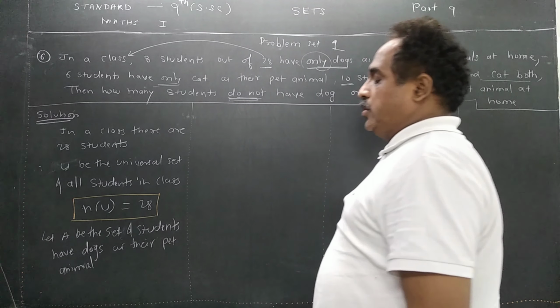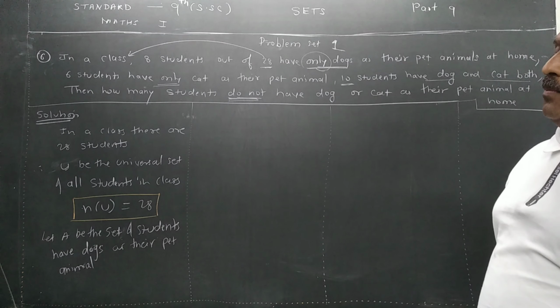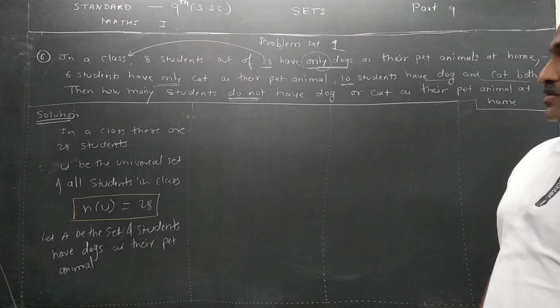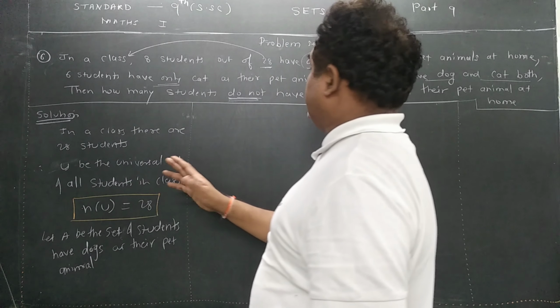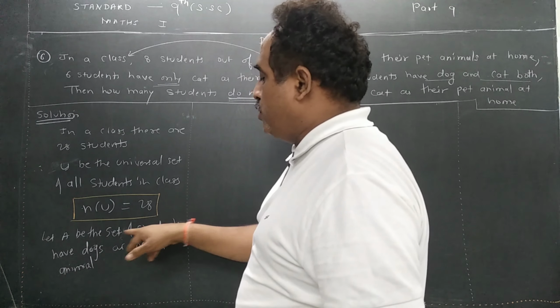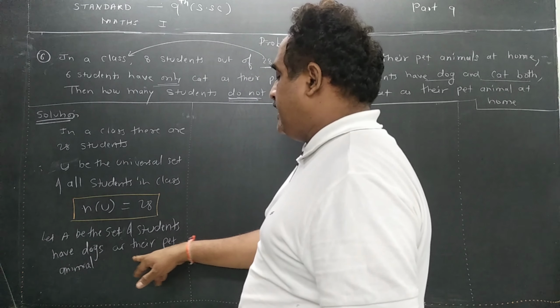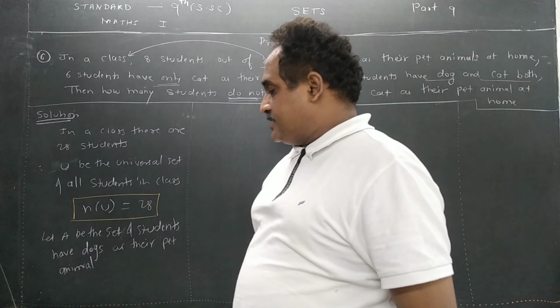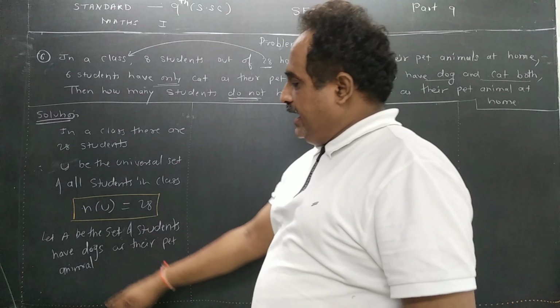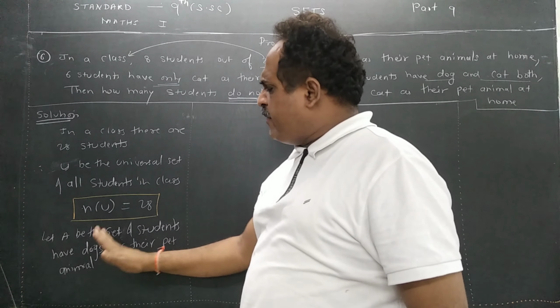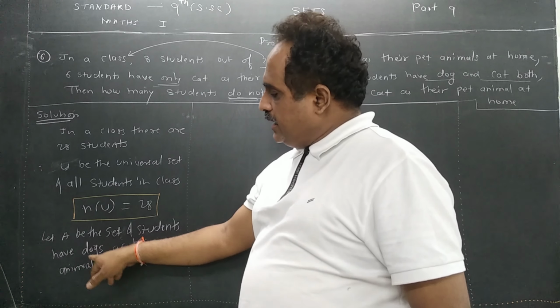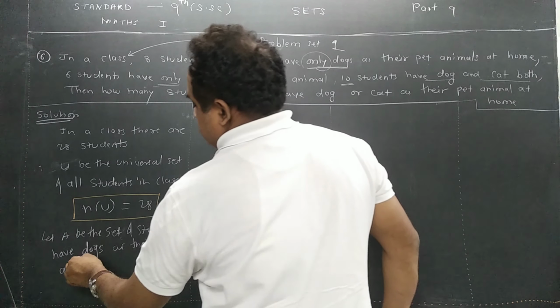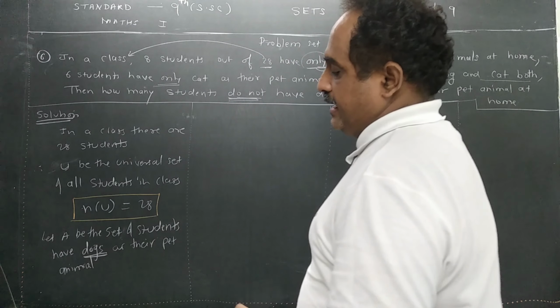जो हम लोग कुत्ते बिल्ली पालते हैं उनको बोलते हैं पेट एनिमल्स, ओके? So A is the set of students who have dogs as their pet animals. But ये dogs है, करेक्ट ना? 8 students is a set of students who are having dogs, but I have not given only dogs. थोड़ा सा ये इसलिए केयर करना है.